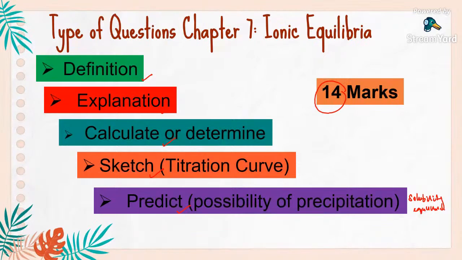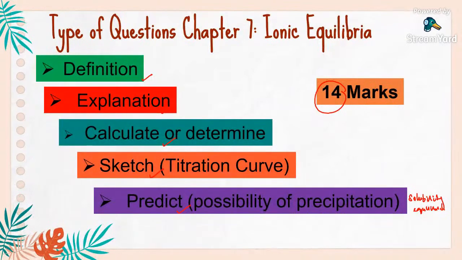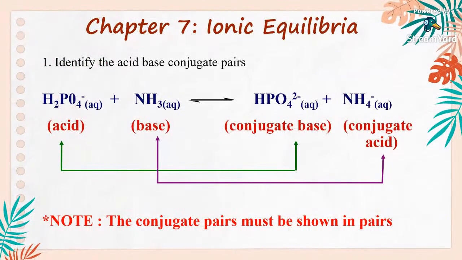Now let's look at an example of a question. At the beginning of this chapter, we learned about acid-base conjugate pairs. As we said, you all know the answer, but how do we write it in order that you do not lose marks? Knowing the answer is not enough, but how you write it, always remember that.